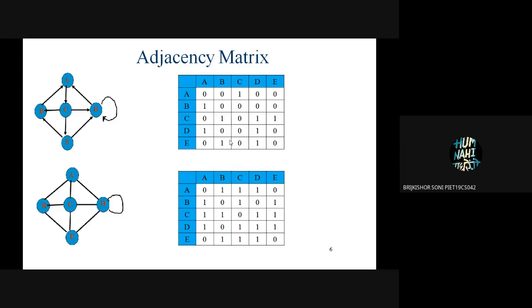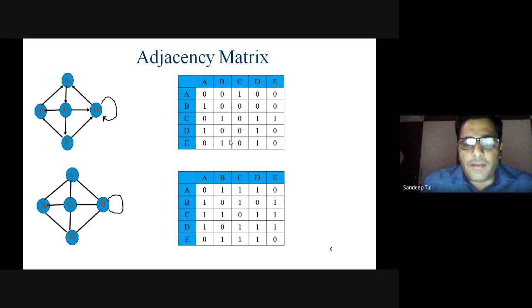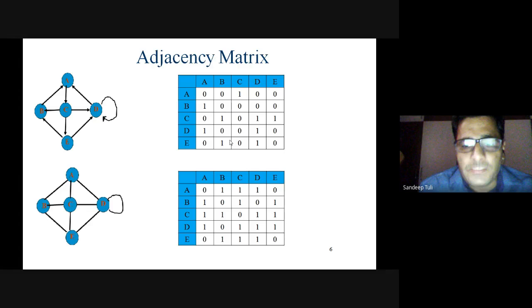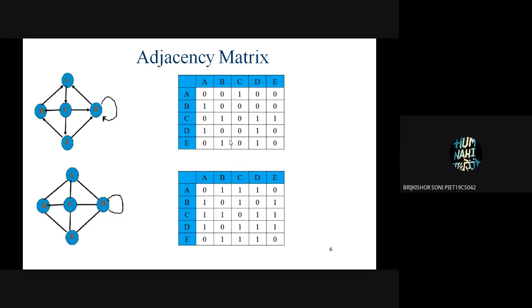When the matrix is symmetric with respect to the diagonal, in case of a directed graph or an undirected graph? Sir, both graphs. Do you know what symmetric is, son? Sir, in an undirected graph it is symmetric.